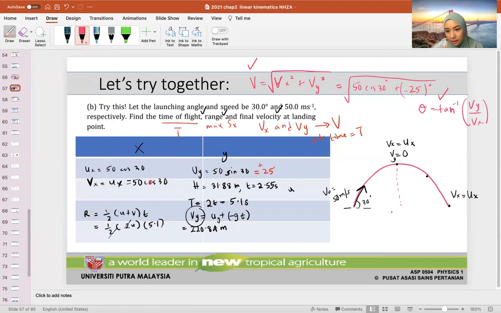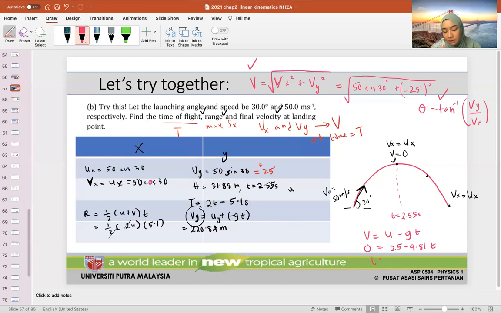The time to reach the highest point, when I throw the ball, I took 2.55 seconds. And the equation we used earlier, V equals U minus gt. We equate V to 0. And the U we use is this 25. And then as usual, we get T.